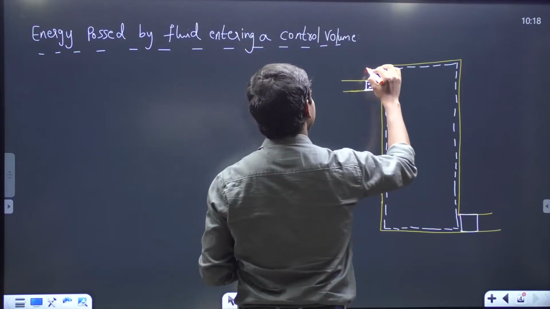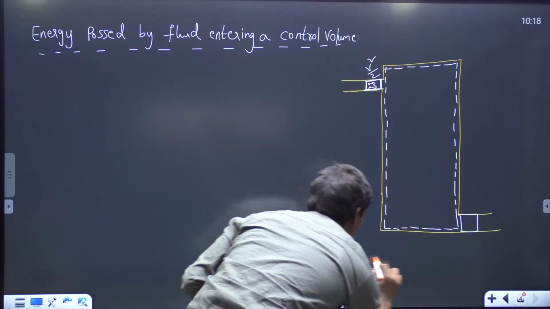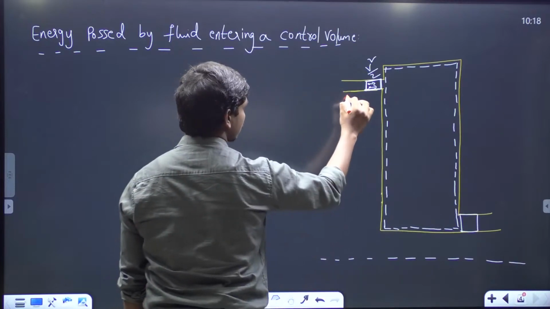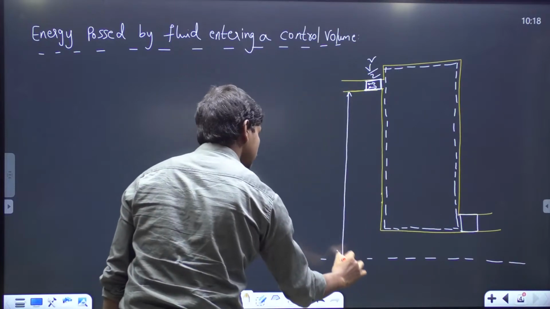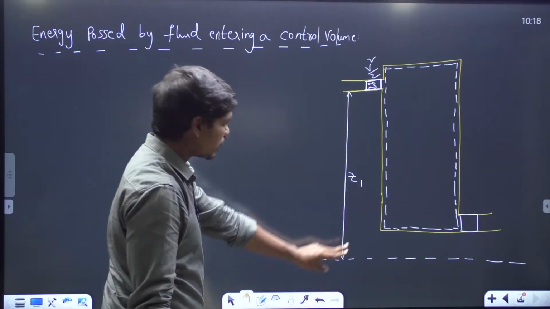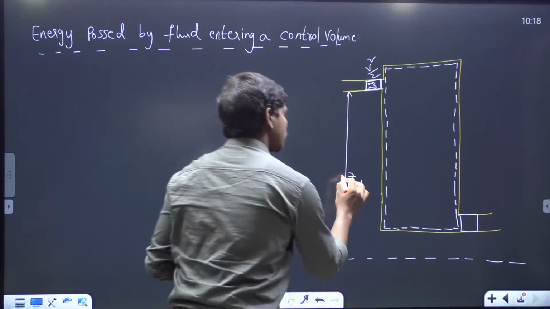So we have some kinetic energy, V square by 2. Now let us suppose this is the ground reference. Then definitely this inlet will be at some height Z1 from this reference. So because of this height, since it has some mass, it has some potential energy, gZ.